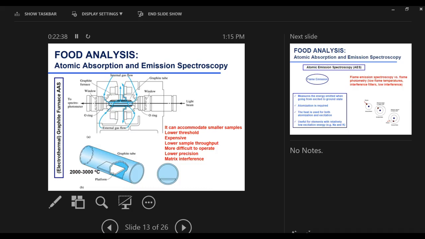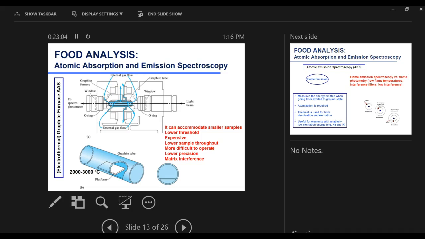Okay. The other form of atomic absorption is, instead of having a flame, you have a platform that you can heat, a graphite platform. This graphite platform is the source of heat, where it gets heated to a really high temperature, and you place your sample on it.